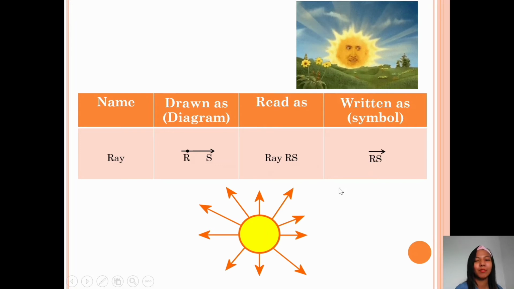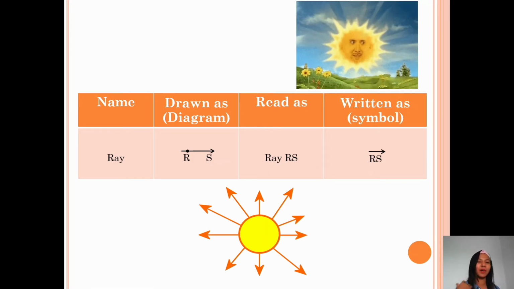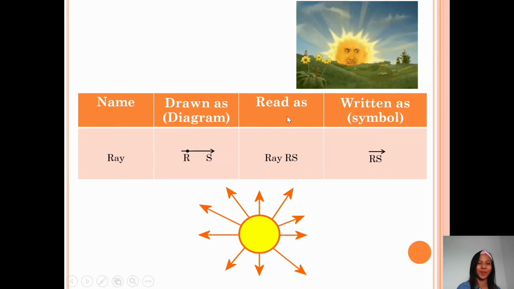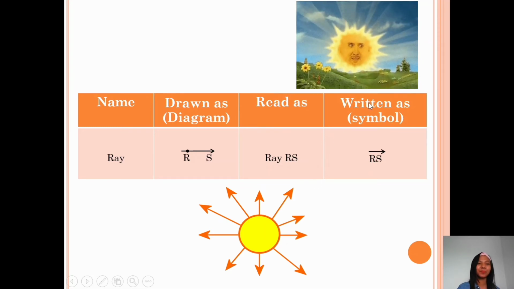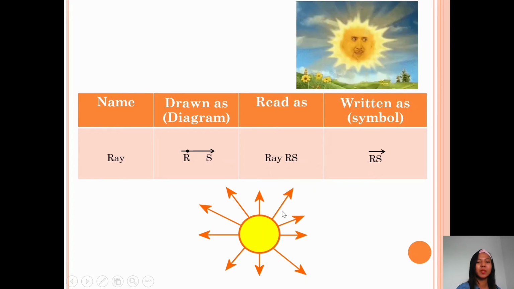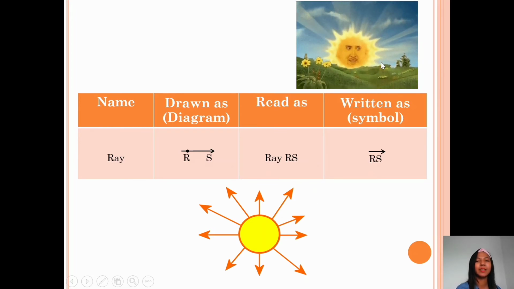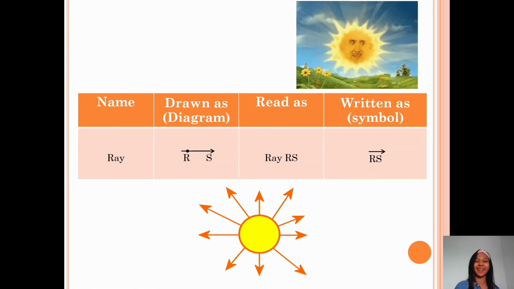That's why we have light here in our environment. We can have light here on earth because of the rays of the sun. It goes beyond, it extends infinitely.